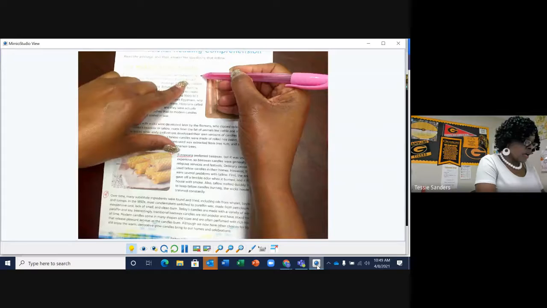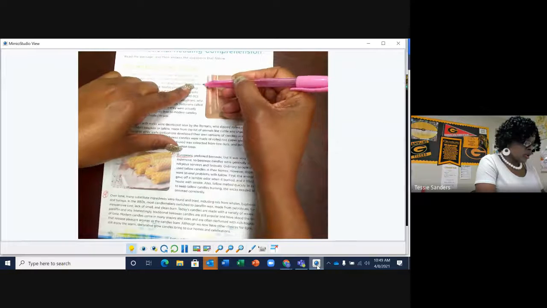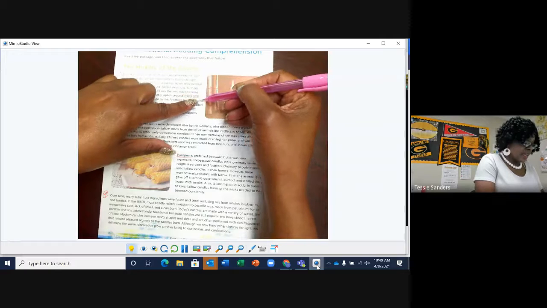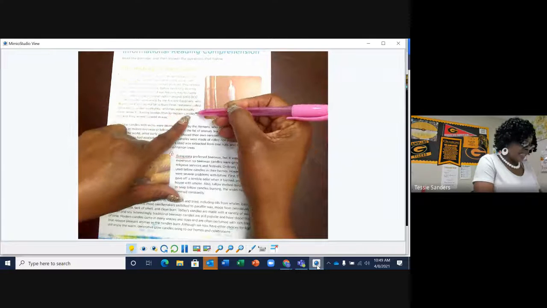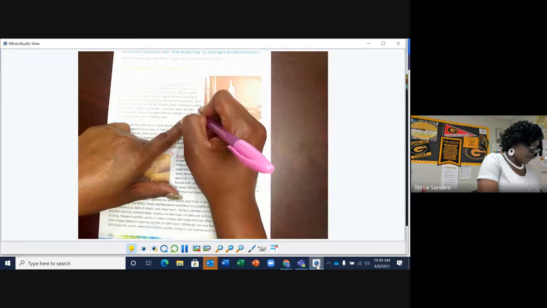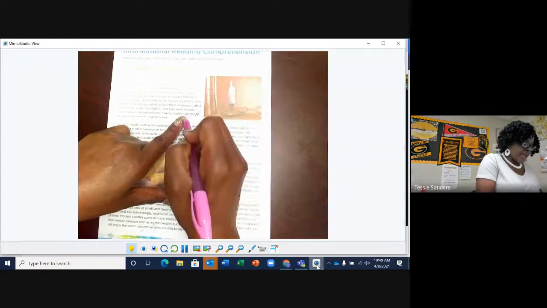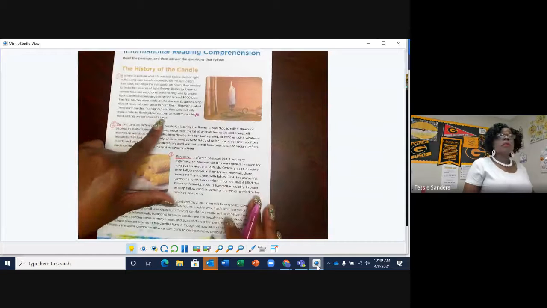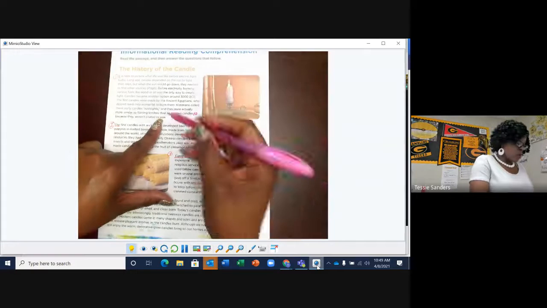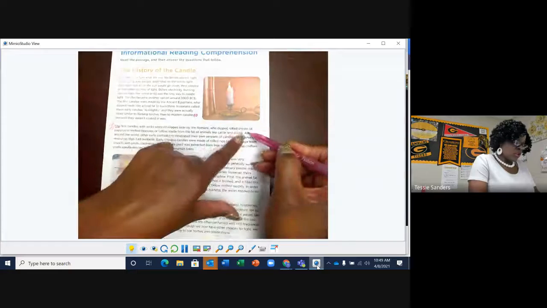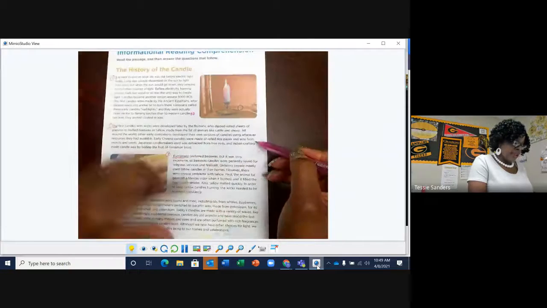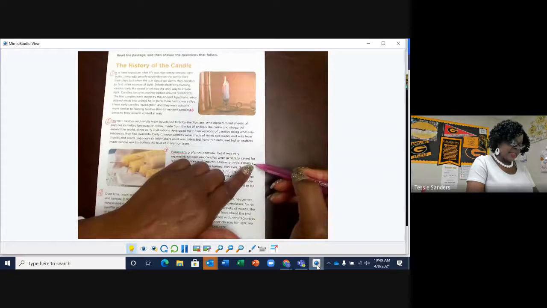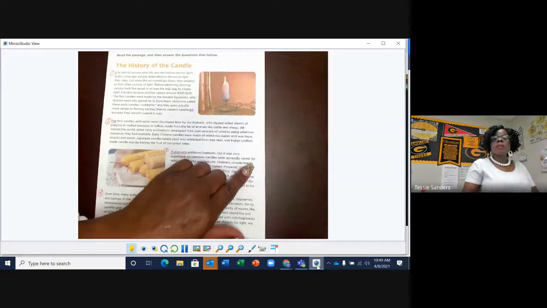Count. 1, 2, 3, 4, 5, 6, 7, 8, 9, 10. 10 is written by the word what? Candles. Start counting here, starting with 1. Count. 1, 2, 3, 4, 5, 6, 7, 8, 9, 10. So we're counting by tens.